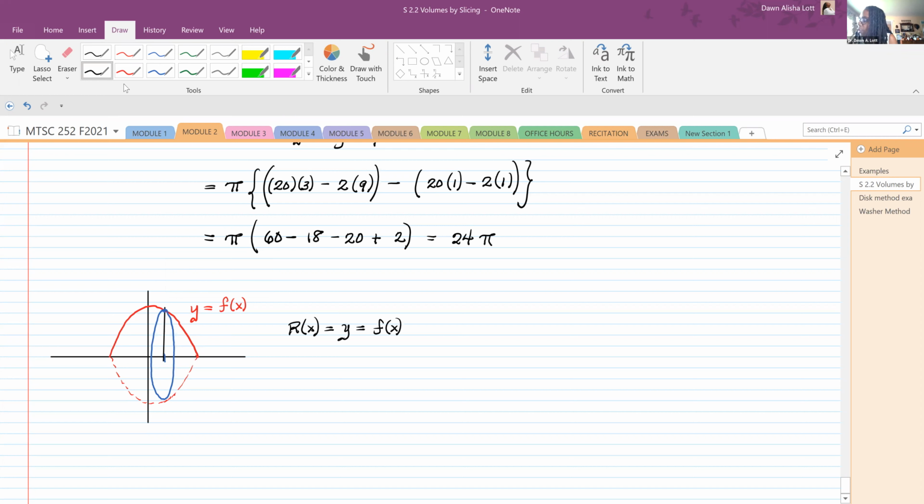You'll know that this point right here will be your A, and this point will be your B, and then your volume will be the integral from A to B of pi times r of x squared dx.